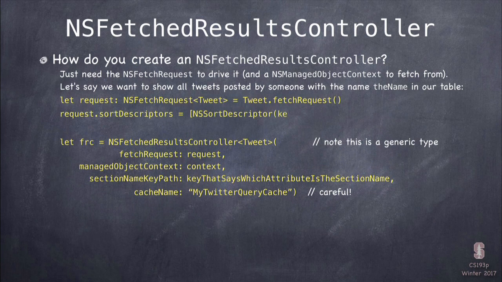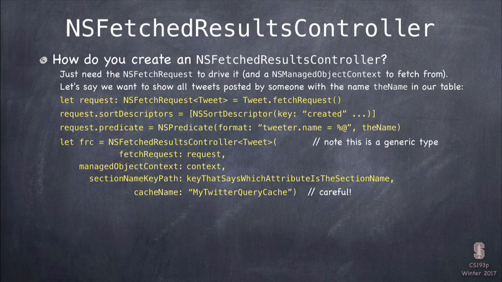So we have to create a fetch request to put in here. Here's an example of creating a fetch request for tweets. You recognize that first line there. I'm going to sort by when the tweets were created, when the tweet was tweeted out. And I'm going to look for all the tweets whose tweeter's name equals some name.